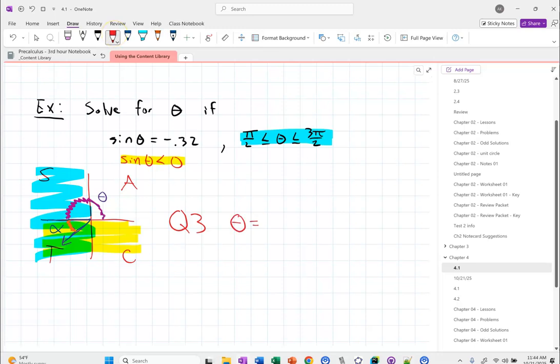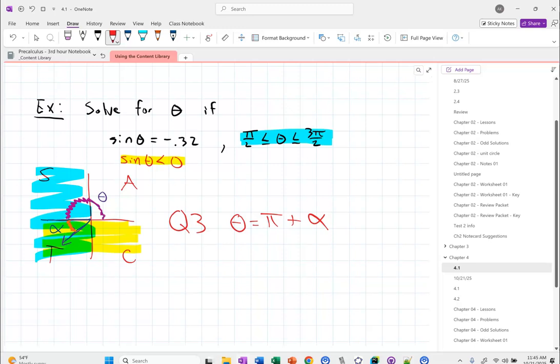So theta is going to equal, how far is the bright purple angle? 180 degrees, but we're doing everything in radians, so it's going to be pi. And then plus this alpha. Is everybody okay with that?